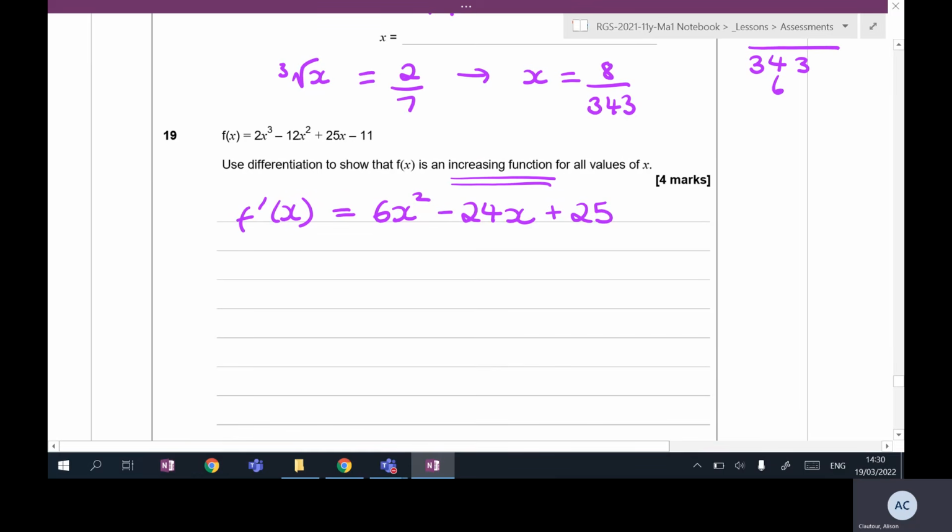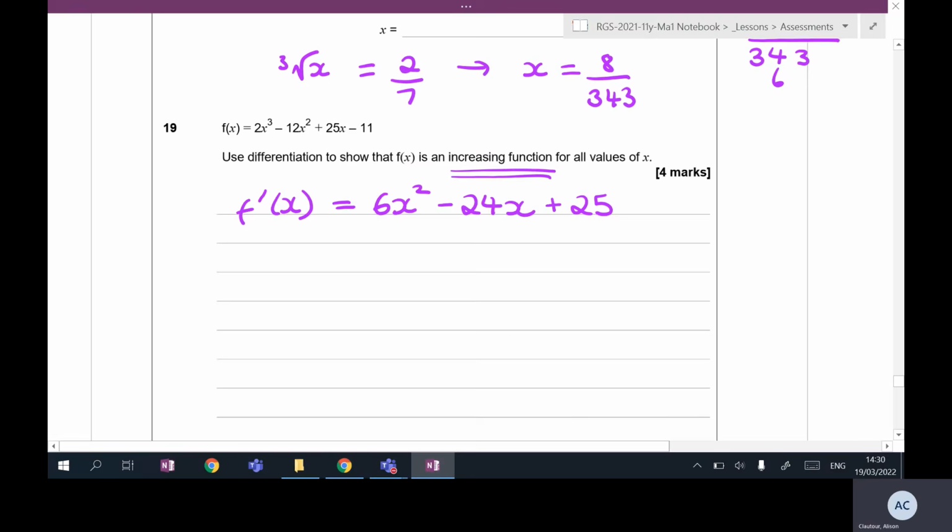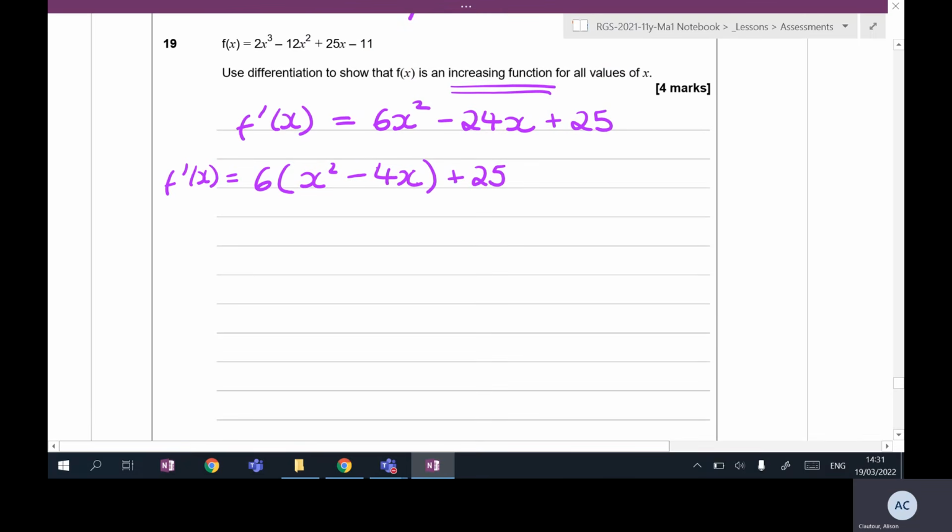Now, if that is an increasing function, then that expression is always positive. So we need to now show that that expression is always positive. So I'm going to factorise out the 6 to get x squared minus 4x. I'm just going to leave the 25, so you don't have to include that in the factorisation. Okay, and the reason I've done that is because if you complete the square, that will show you that it's always positive.